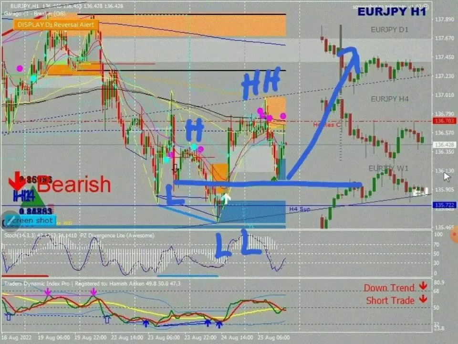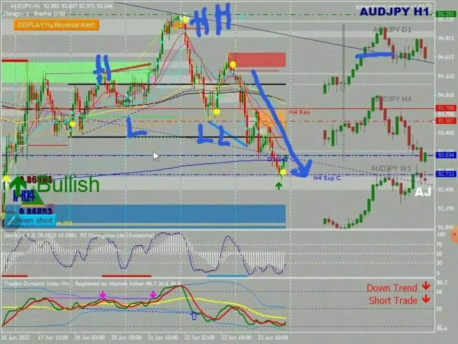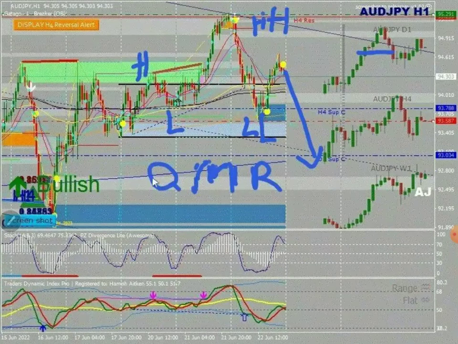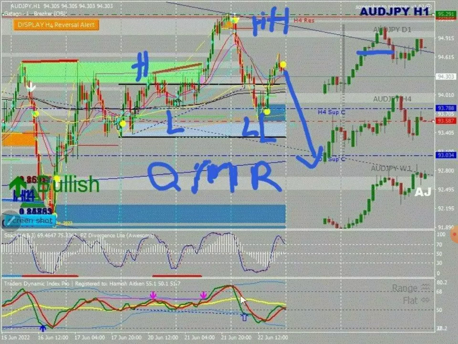Let's show for another one. Because you can see, or what's it called, this TDI. We saw TDI here, the test of it's coming from extreme high 68. It's coming from extreme high. It broke just like a breaker retest. It broke the level, retest.